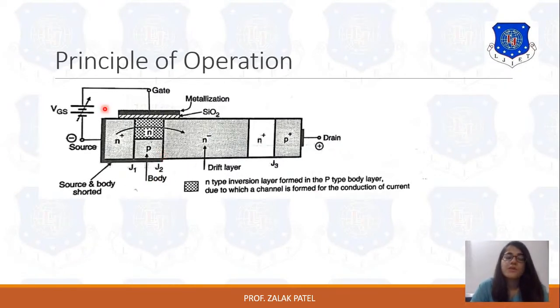The principle of operation of the IGBT is almost similar to the MOSFET that we discussed in the last lecture, where an inversion layer is created. Recalling the MOSFET principle: between the N plus layers there is a P layer, which has holes as majority carriers and electrons as minority carriers. Electrons move upward, are attracted by the gate terminal, and create an N layer.